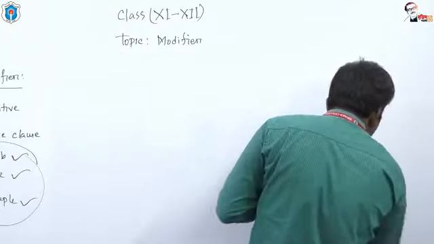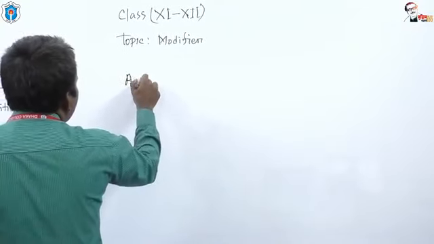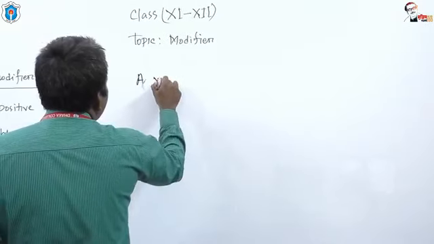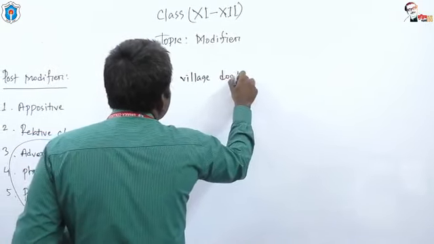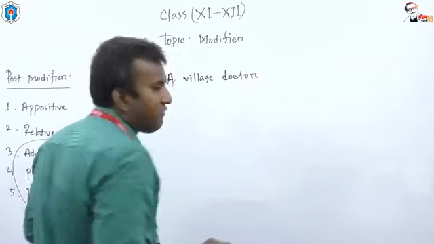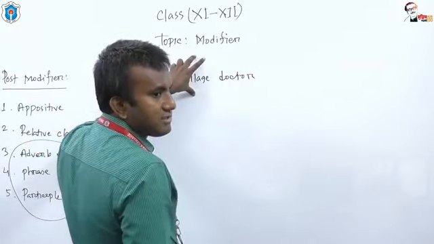Some examples of appositive. A village doctor. It's a phrase. I can give appositive of a phrase also.